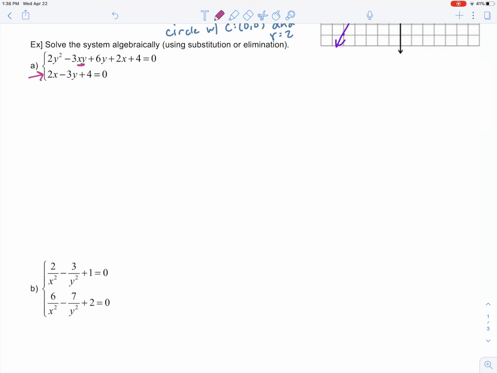So what I want to do is, in this second equation, isolate either x or y, and then substitute it back into the top equation. Looking at the top equation, I think it might be easier to substitute for x. And the only reason I'm saying that is because there's a y squared and there isn't an x squared. So I'm going to solve for x and then do substitution.